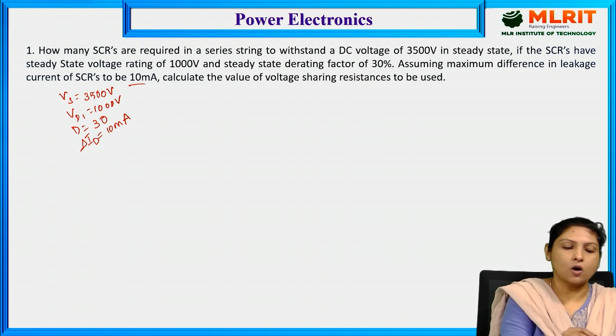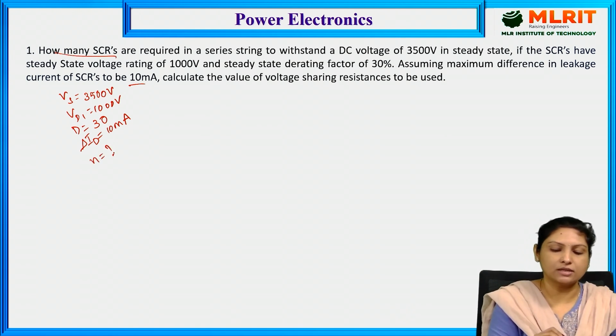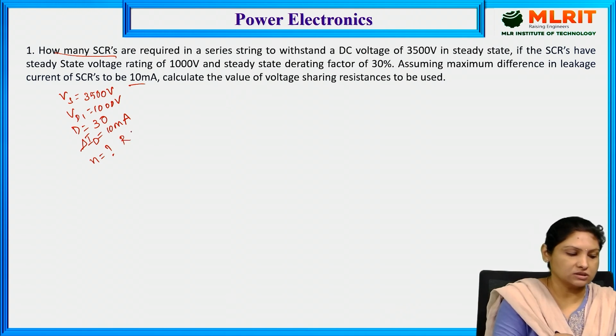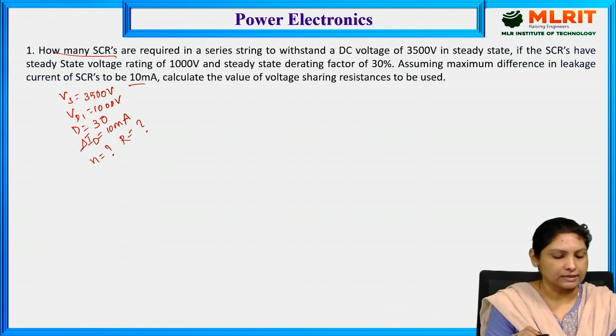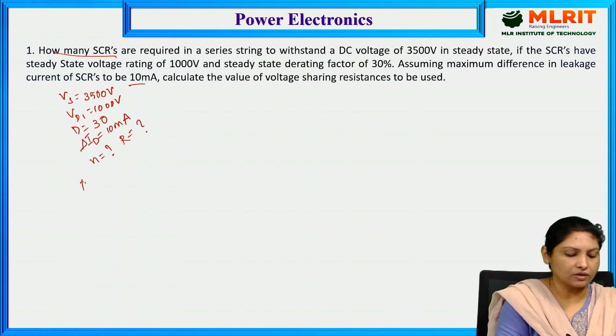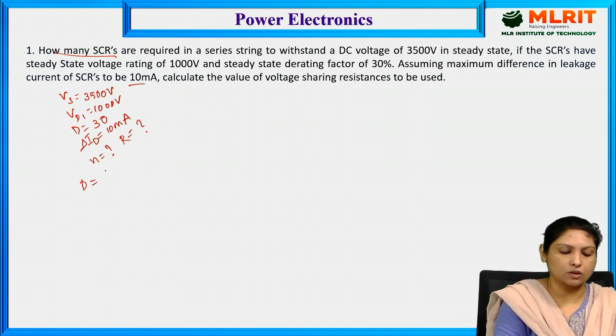That is, we need to find out the number of SCRs, the value of N, as well as the value of the voltage sharing resistance which is to be connected. In order to calculate N, I am considering the formula for derating factor, where derating factor is equal to 1 minus string efficiency, into 100.